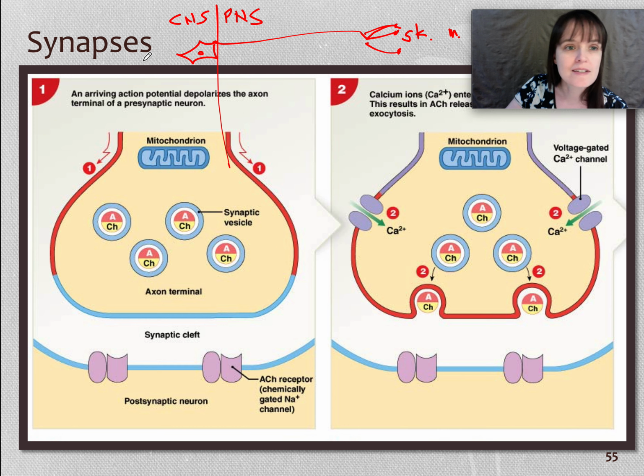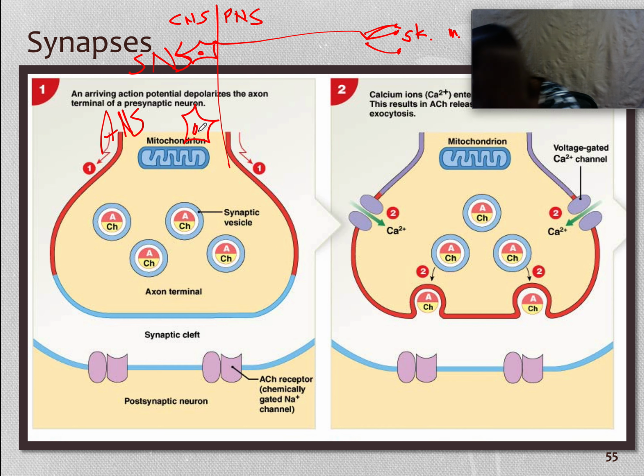And so that's the SNS. And then in the ANS, we had a two neuron system for both the sympathetic system and the parasympathetic system.